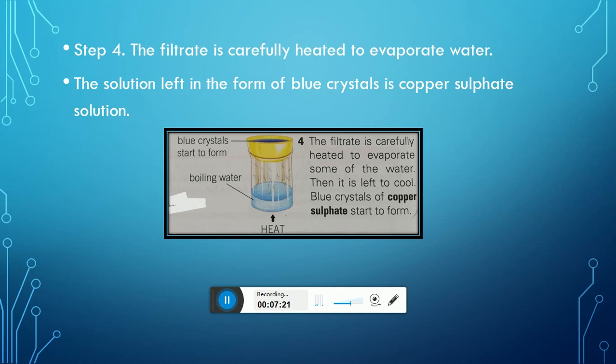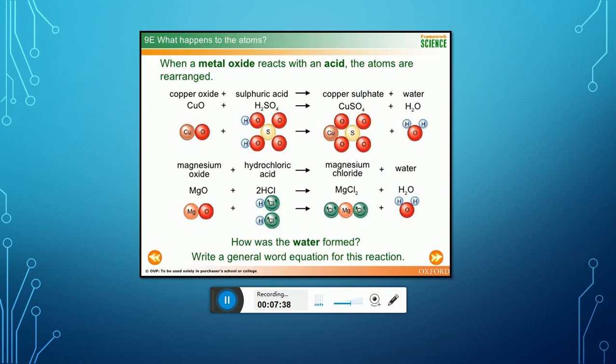Now let's discuss how a metal oxide reacts with an acid. The atoms are rearranged. At the atomic level, how do they react? Look at the first example, copper oxide, which we discussed earlier.